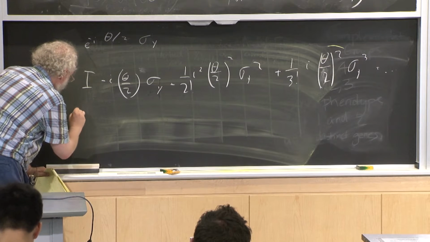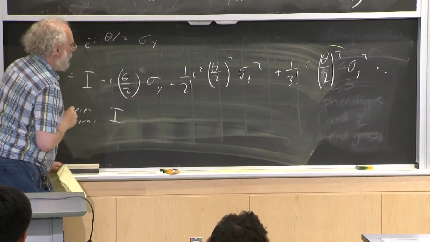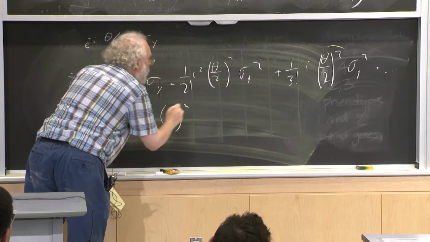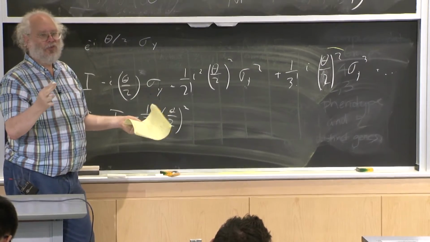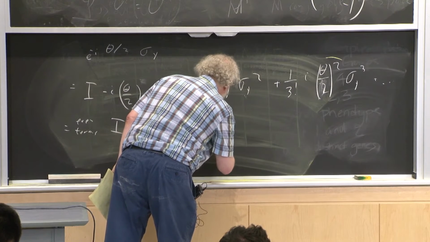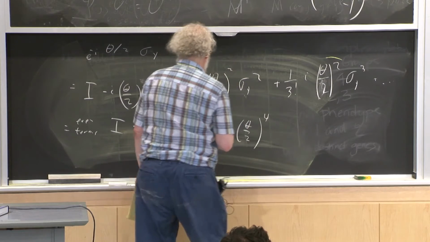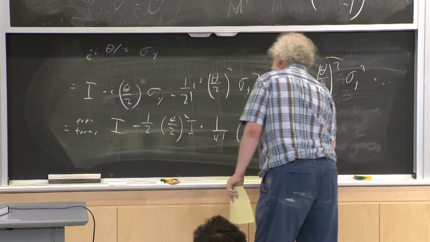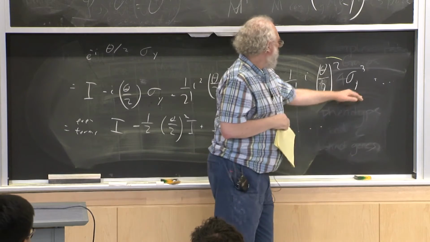So what I want to say is the even terms are I minus 1 over 2 factorial theta over 2 squared sigma y squared, which is I, because you take any of the Pauli matrices and you square them and you get I, plus 1 over 4 factorial theta over 2 to the 4th times I, dot, dot, dot. And the odd terms, well, sigma y is sigma y cubed.